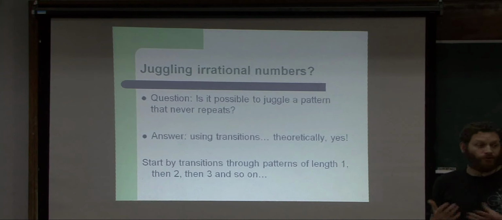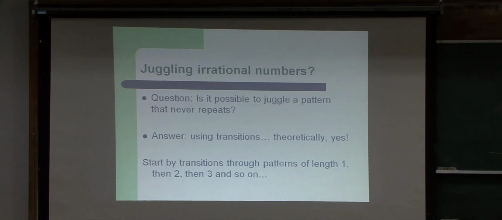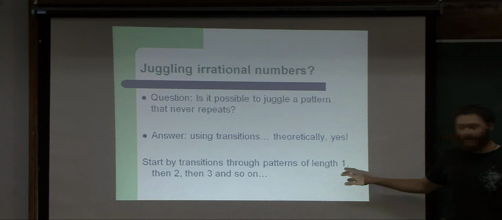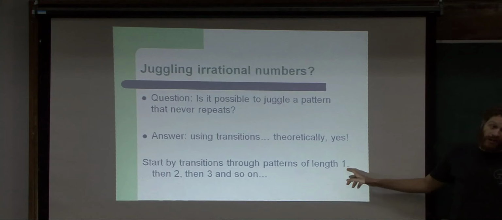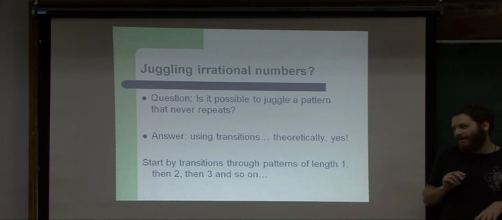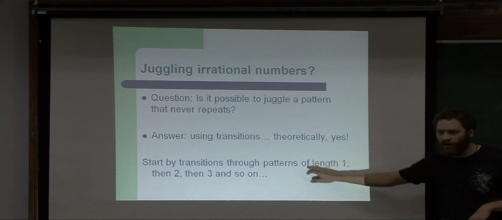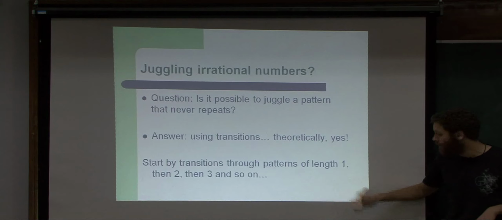So one way of constructing such a pattern is to start with transitions through all the patterns of length 1. Say we had 3 balls. Turns out there's only ever one pattern of length 1, so perhaps that's trivial, just at the start.